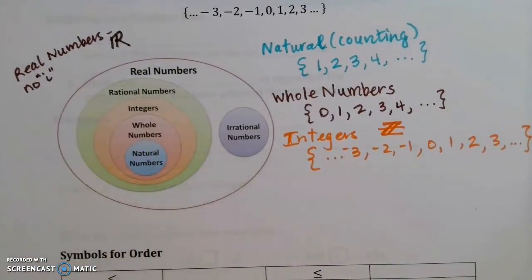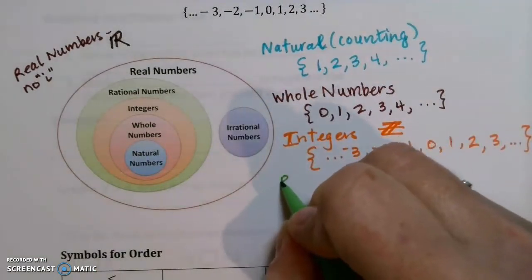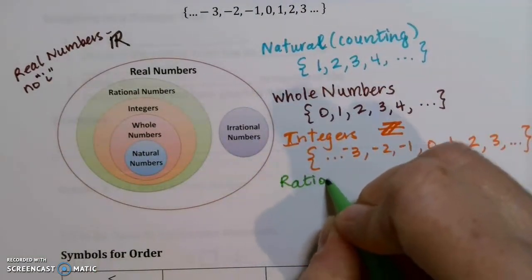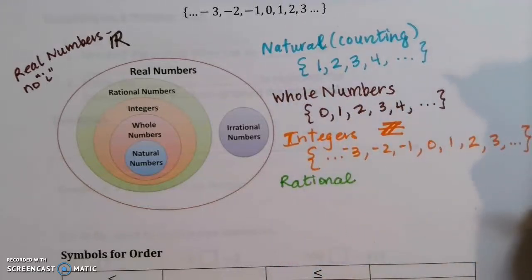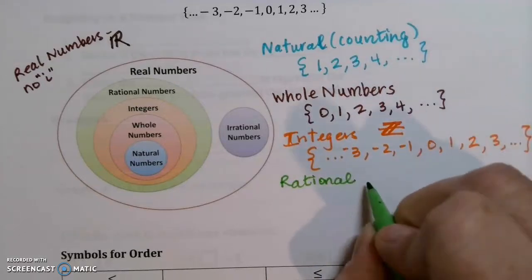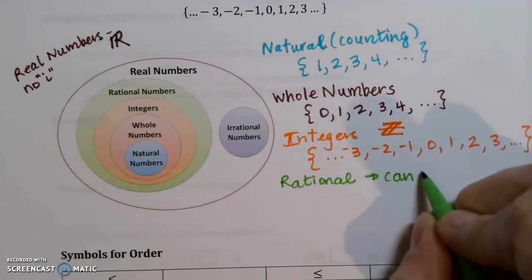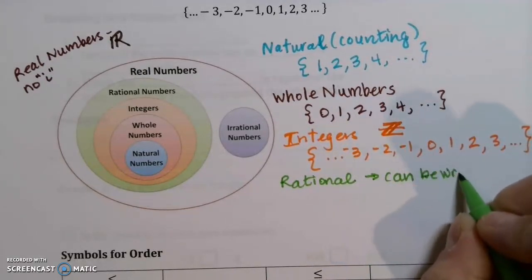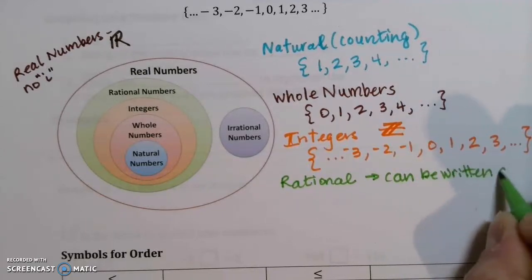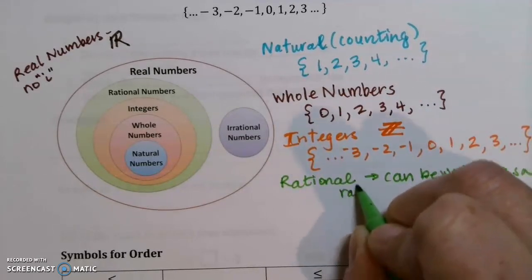Okay, rational numbers are ones that are able to be written as a ratio. That's where the rational comes from. So we're not talking about people who are not in their right mind sort of thing. So rational numbers can be written as a ratio.